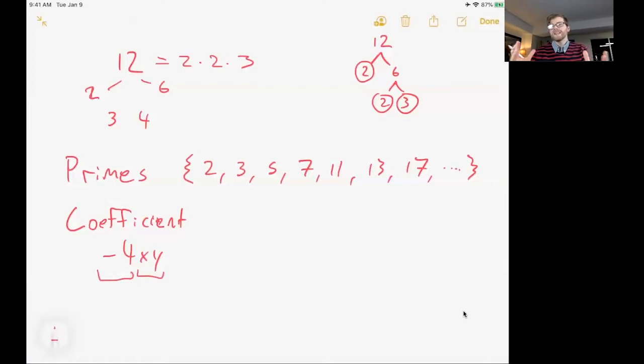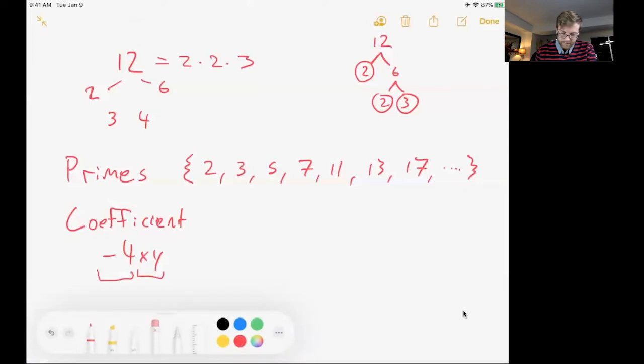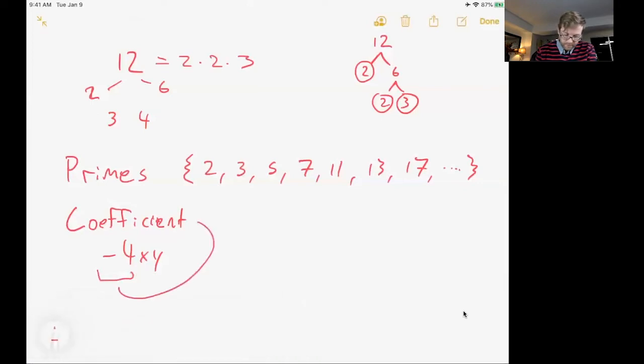The bit that's not a variable, the bit that's just the number out front, that's the coefficient, okay?